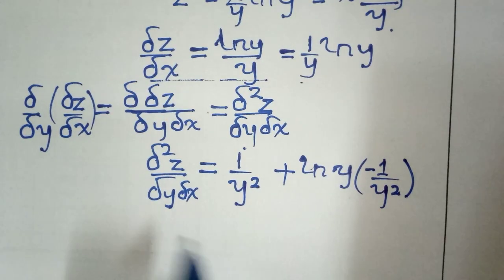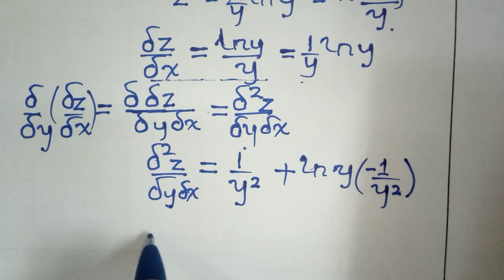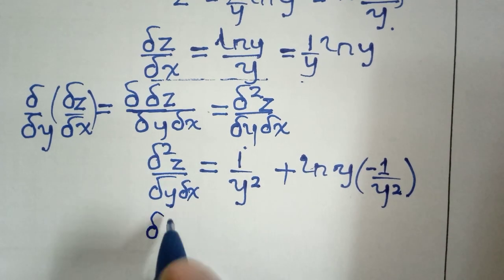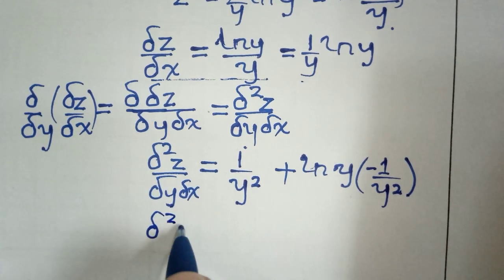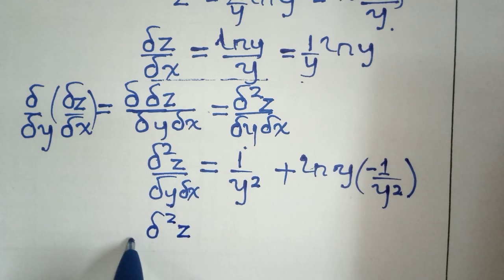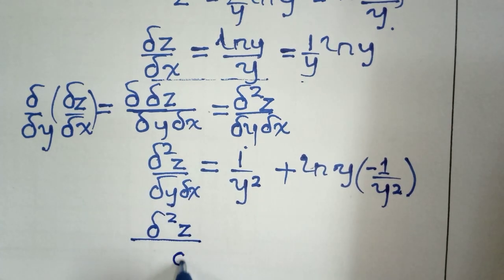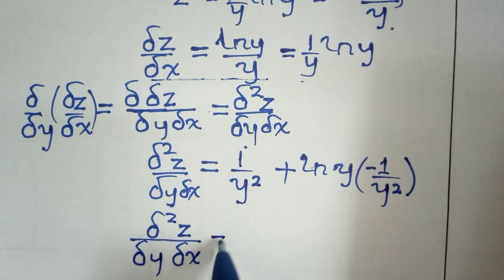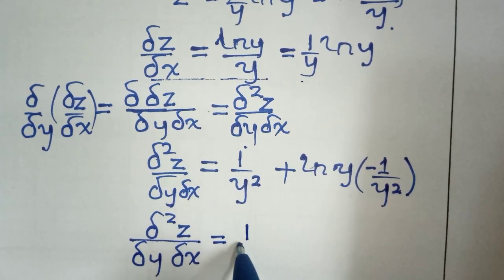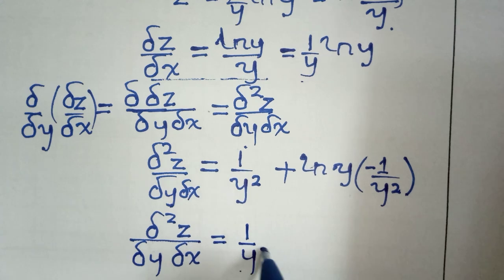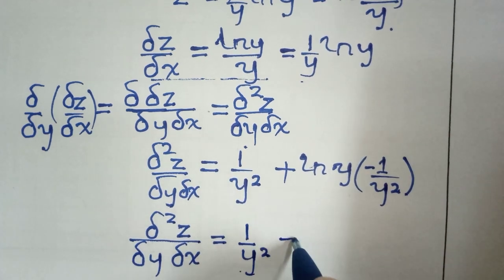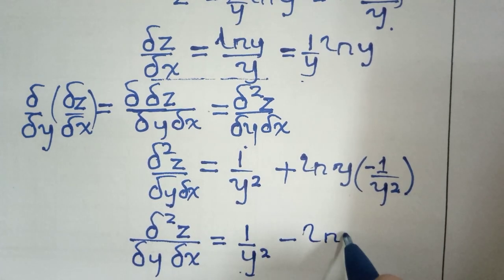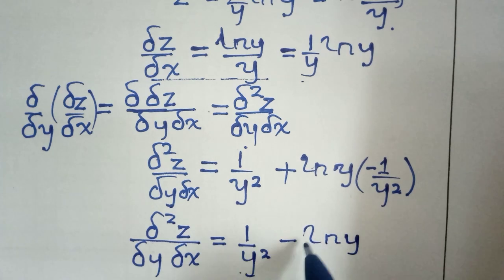So finally, guys, our equation then is going to be the second derivative of z, that is the partial derivative with respect to x and with respect to y. This now gives us 1 all over y squared minus ln y all over 1.